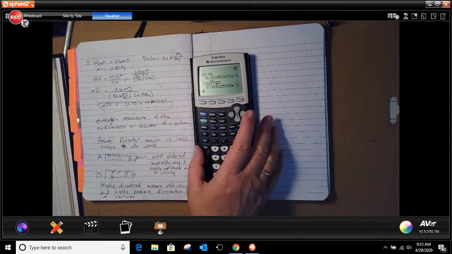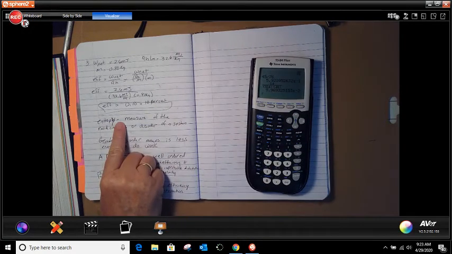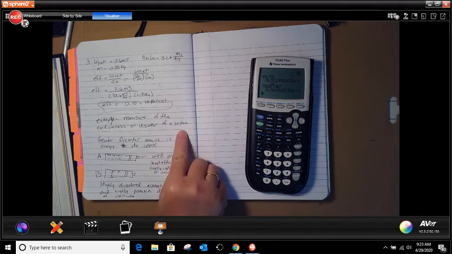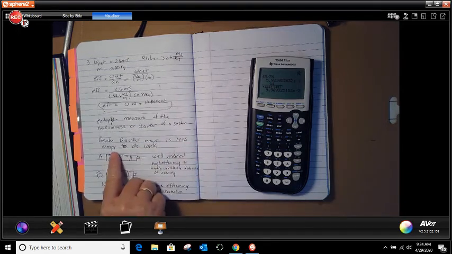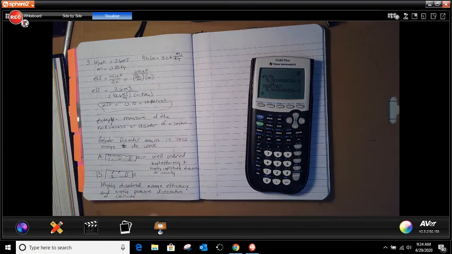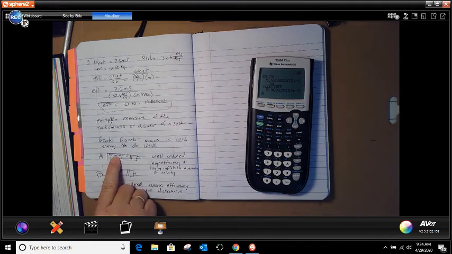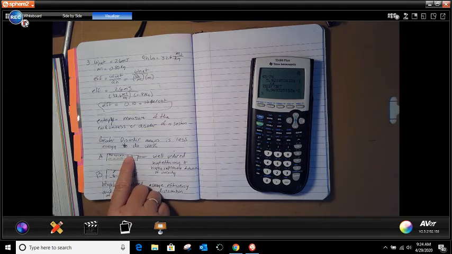The rest of the chapter talks about entropy, which is the measurement of the randomness and disorder of a system. The greater disorder means less energy to do work. What they're doing here is showing you two pistons doing two different types of work. In the first piston, all of it is going toward the piston itself in one direction.